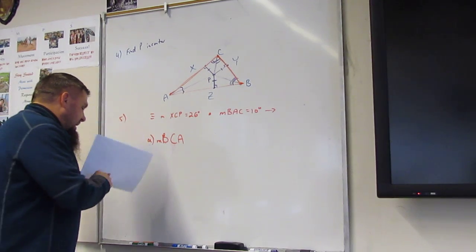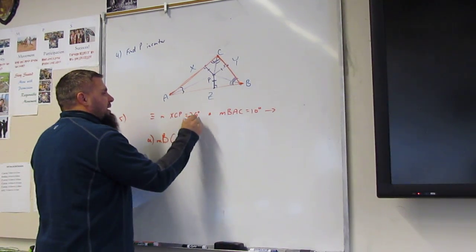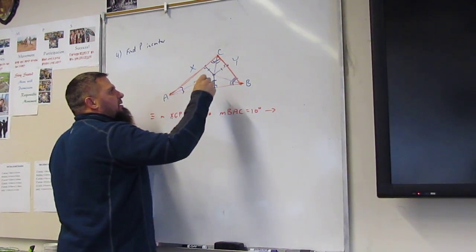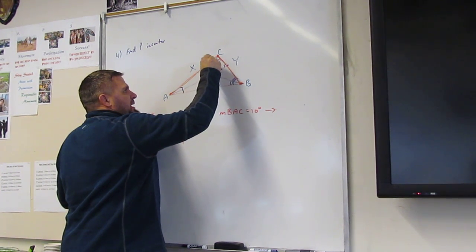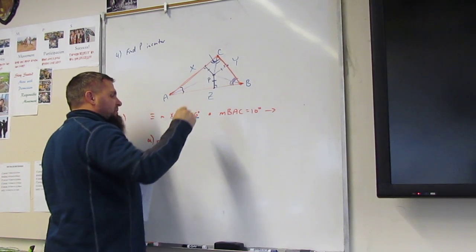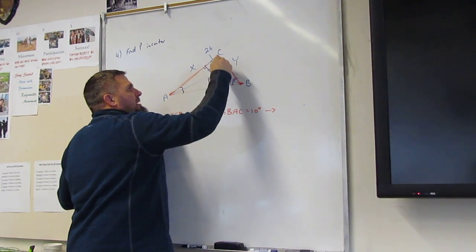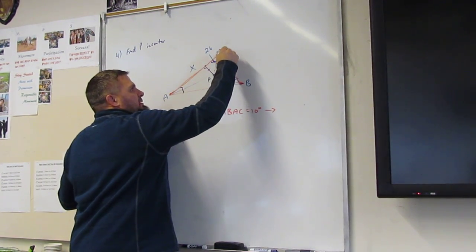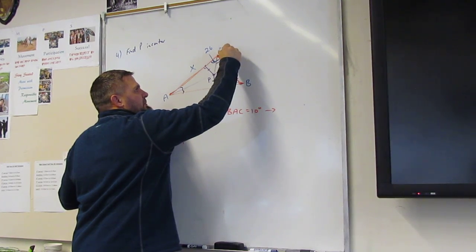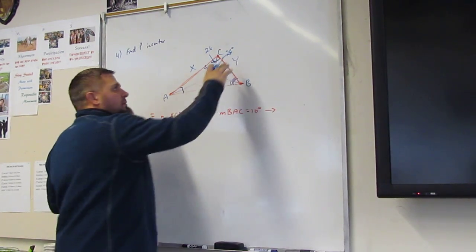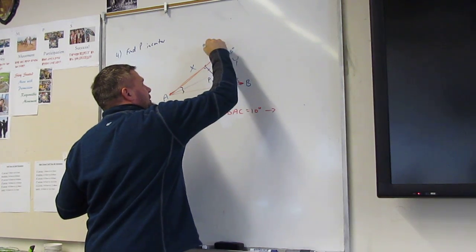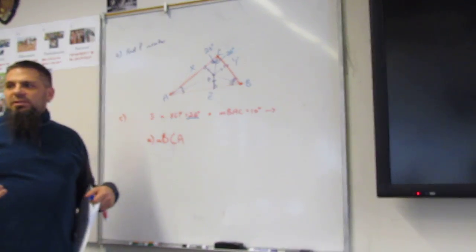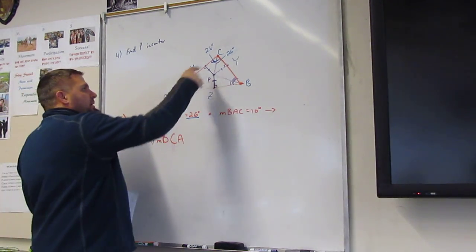But before I do that, I need to go, okay, well this XCP, this right here, this measure is 26. That means that this measure is 26. Right? Does that make sense? Because these two are equal.